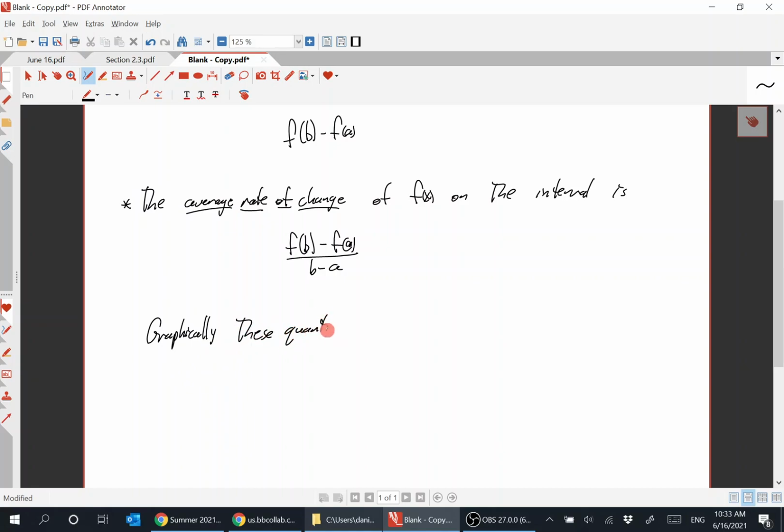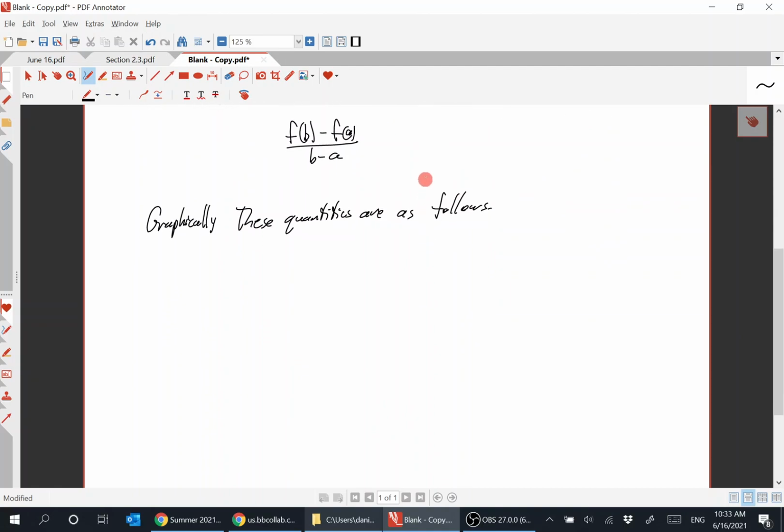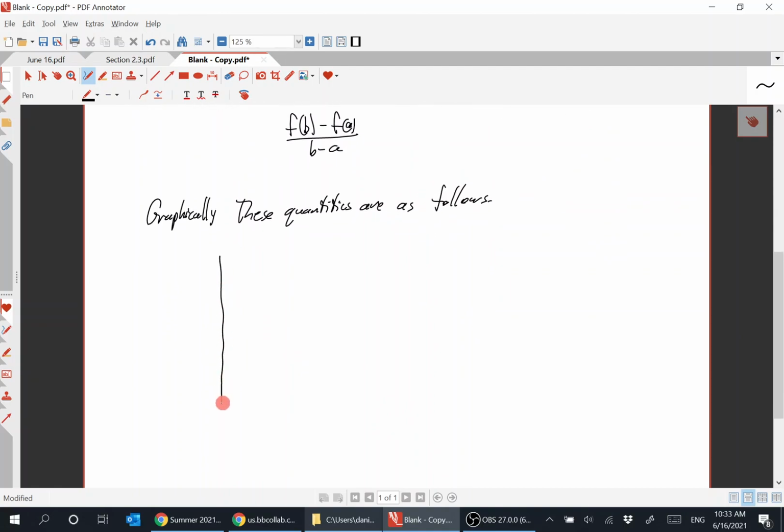These quantities are as follows. So you've got your function y equals f of x. And here's a, and here's f of a.